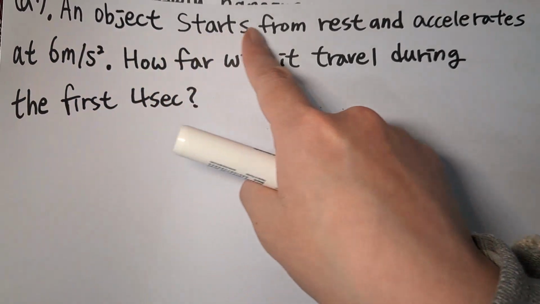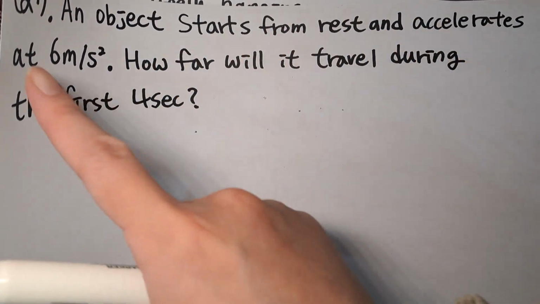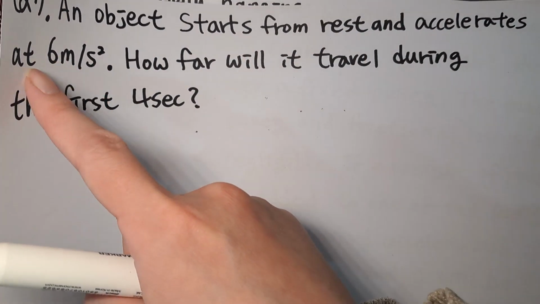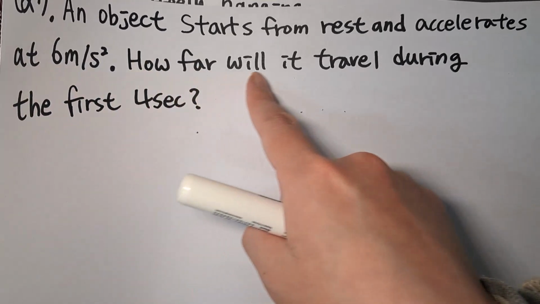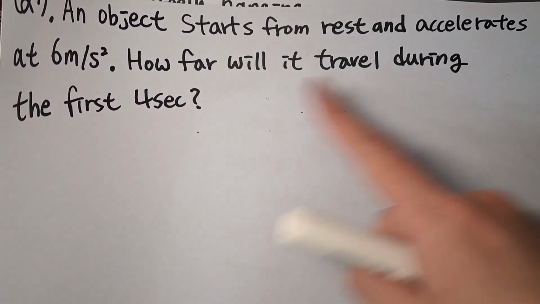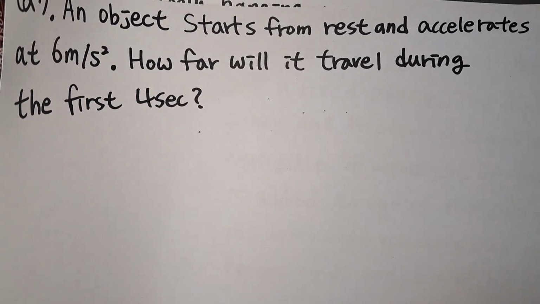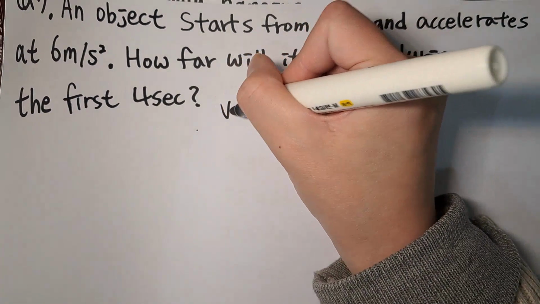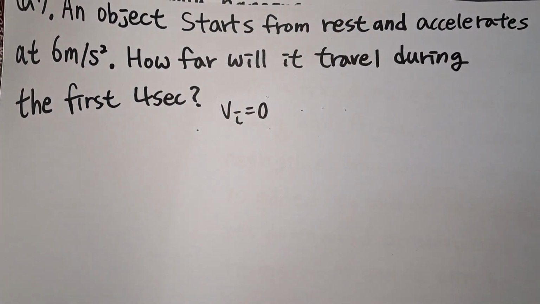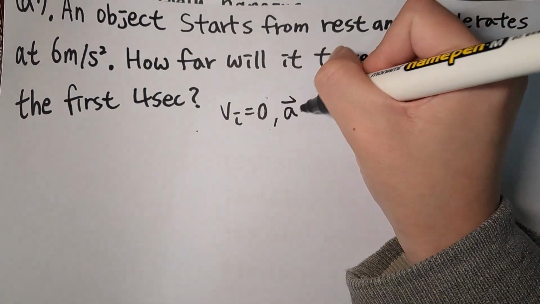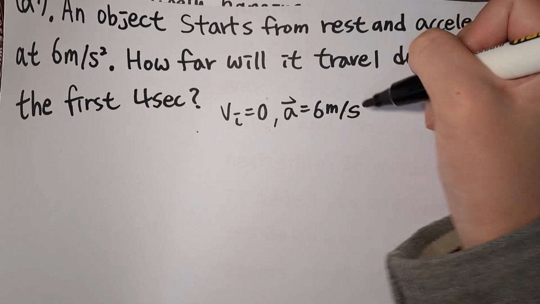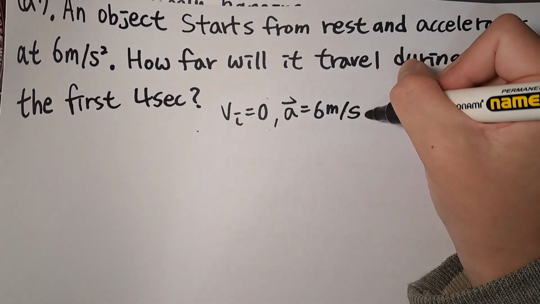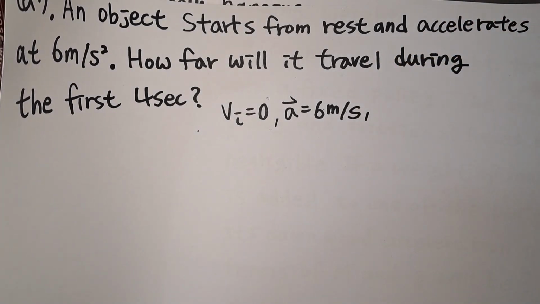An object starts from rest and accelerates at 6 meters per second squared. How far will it travel during the first 4 seconds? So the initial velocity is going to be 0, and the acceleration is going to be 6 meters per second squared.